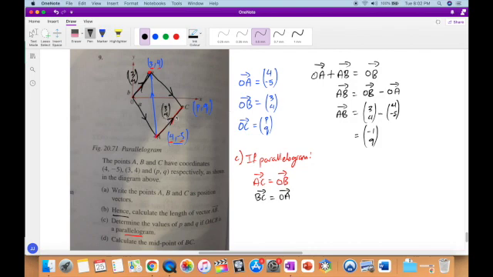Right? So therefore, I know the vector is 3, 4, and I know it's coming from the point A, 4, -5. The point A is being translated by the vector 3, 4.